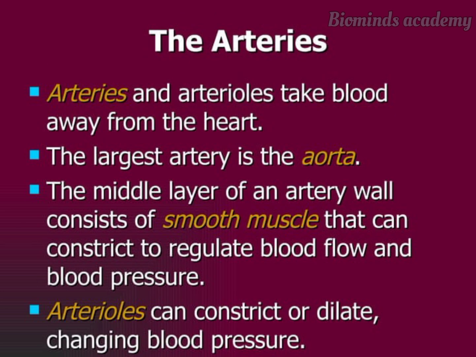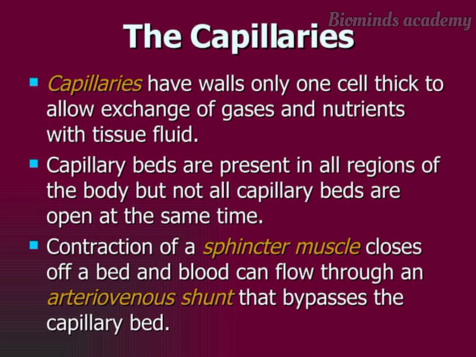The function of the arteries and the arterioles is to transport the blood away from the heart, and the largest artery is the aorta. The middle layer of an artery wall is composed of smooth muscle, which can constrict to regulate the blood flow and the blood pressure. Then arterioles, these small branches of the arteries, can constrict or dilate to change the blood pressure.